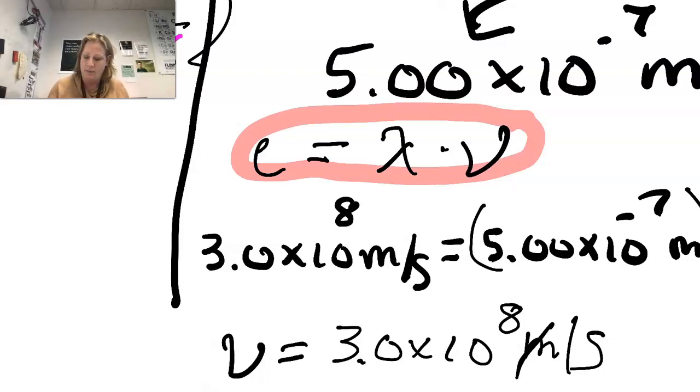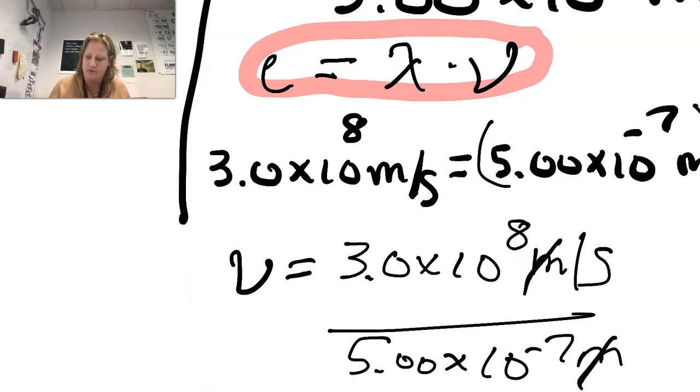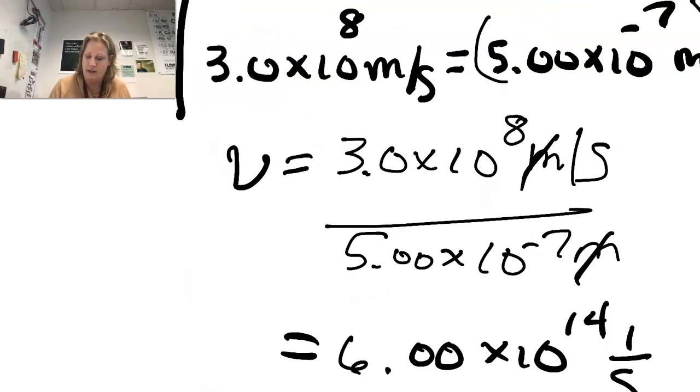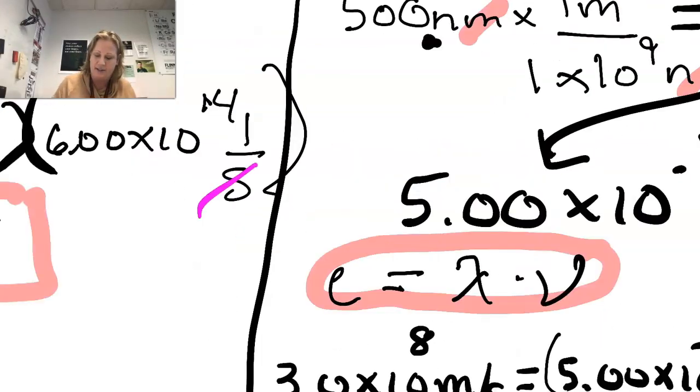To get frequency by itself, I take the speed of light divided by the wavelength. When I do that, you can see that the meters cancel and I end up with 1 over seconds, which is hertz. Then I'm going to take that number and use it in the next part.